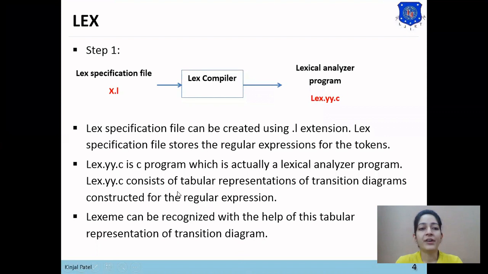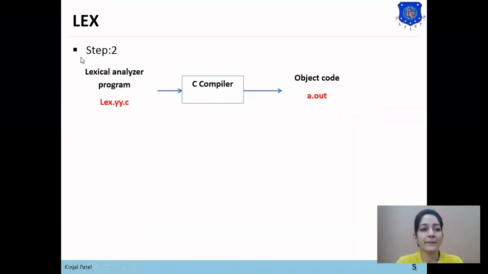Okay, so this is the first step of Lex: the x.l file will be converted into lex.yy.c, means regular expressions will be converted into a transition diagram. Now step 2. In step 2, the lexical analyzer program created by the Lex tool will be passed to the C compiler. When the lexical analyzer program is passed to the C compiler, it will generate an object called a.out.